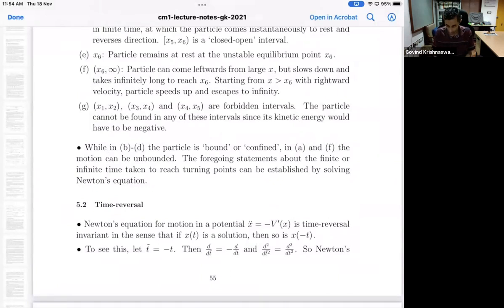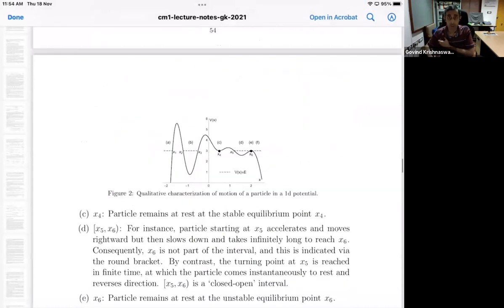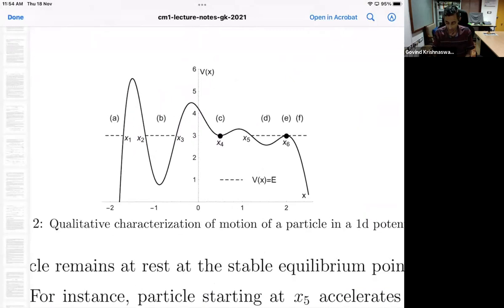Last time we had discussed motion in one dimension subject to a conservative force described by a potential. And we were looking at the kinds of qualitative motion that can result. So this example has many of the possibilities.